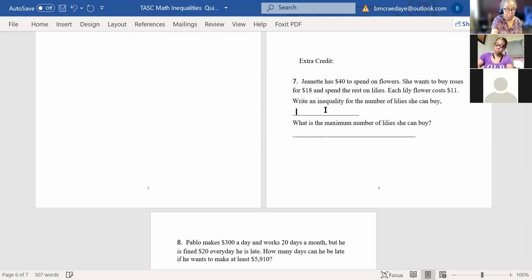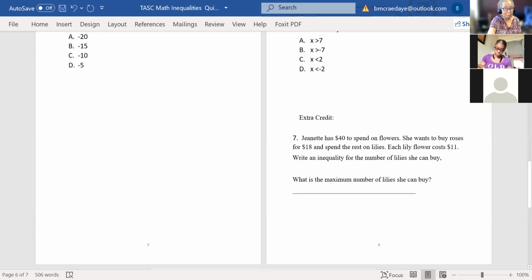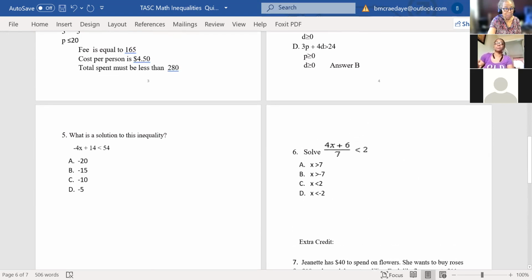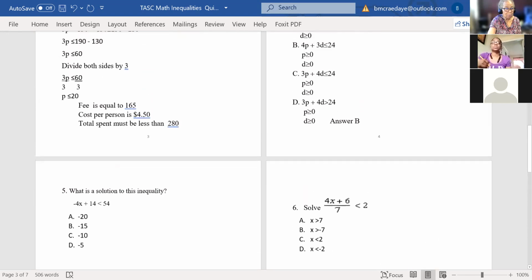So what would be the inequality symbol? Less than or equal, greater than or equal, less than, greater than. Which one? Less than or equal. Okay. So let's just put our inequality symbol there. Let's get the less than or equal.